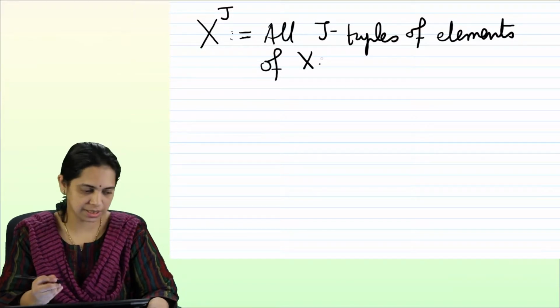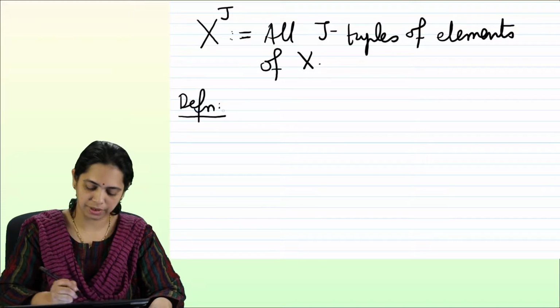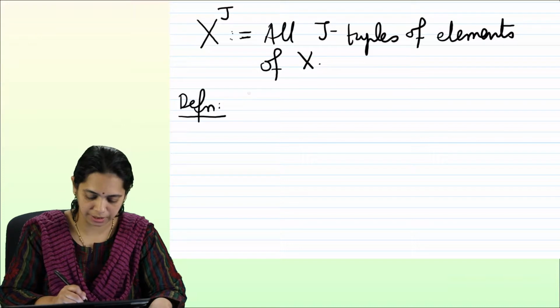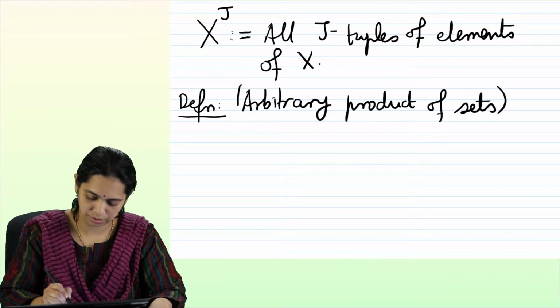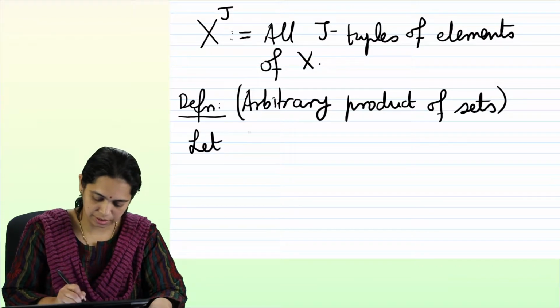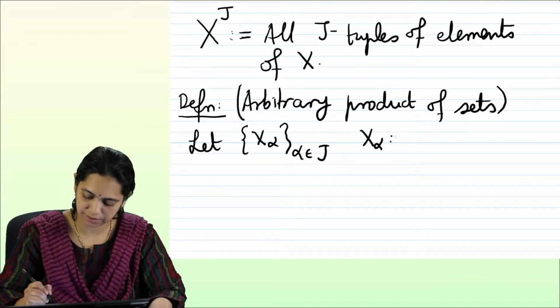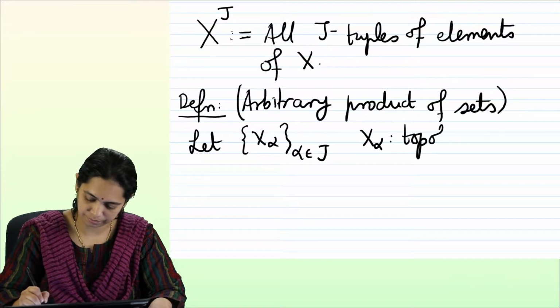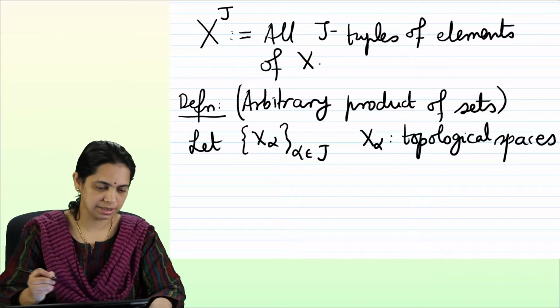Now, we will generalize this as follows. We have the definition of arbitrary product of sets. So, let X alpha be a family of topological spaces, which are in particular sets.